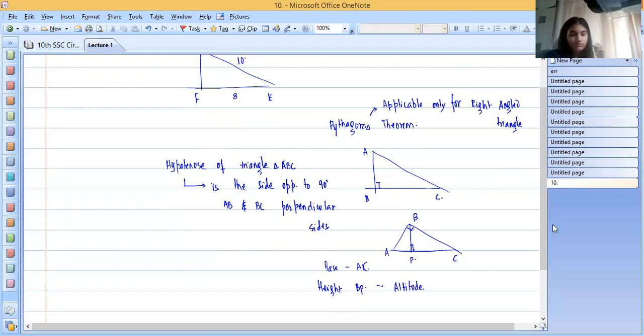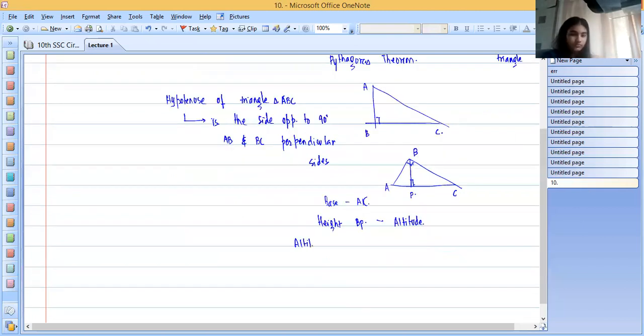What is altitude of a triangle? It is the perpendicular drawn from any vertex to the opposite side.